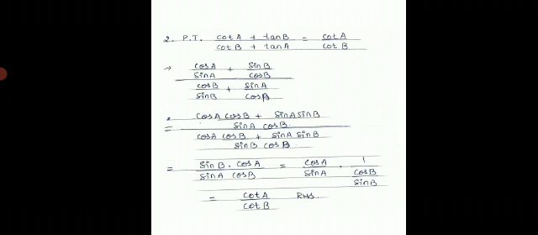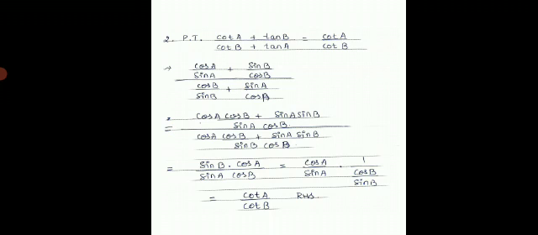Next one, prove that cot A plus tan B divided by cot B plus tan A is equal to cot A upon cot B. Now here the first step is to convert all the terms to reciprocals, numerator terms as well as denominator terms simultaneously.